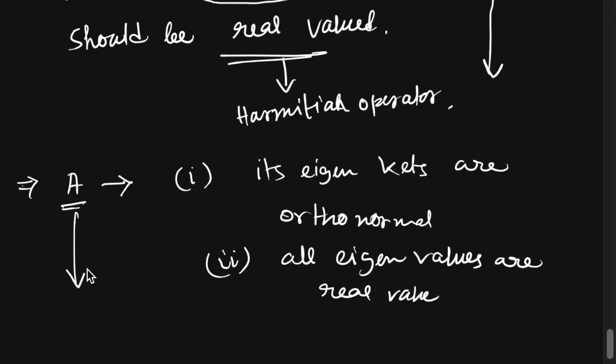The only operator that follows both of these properties is Hermitian. So that is why we use any observable as a Hermitian operator.